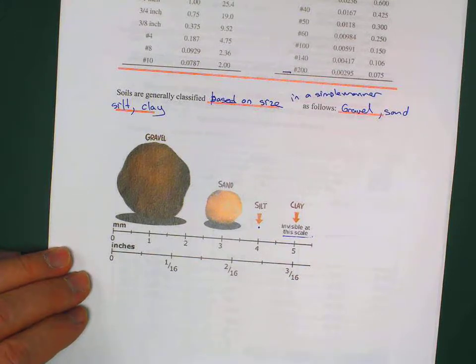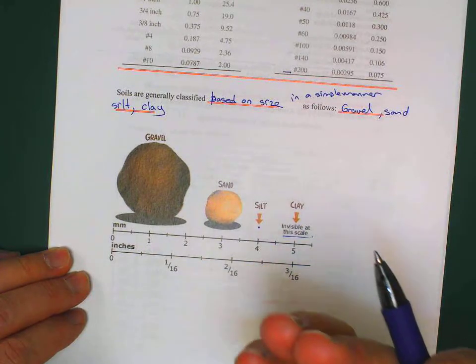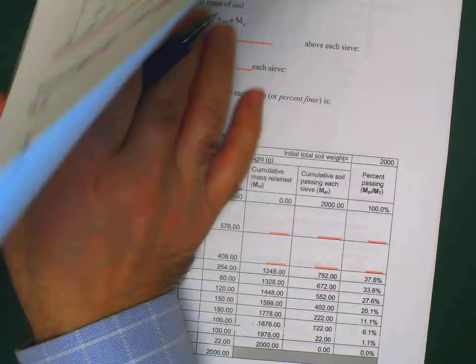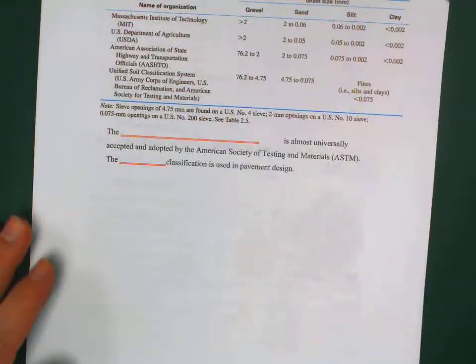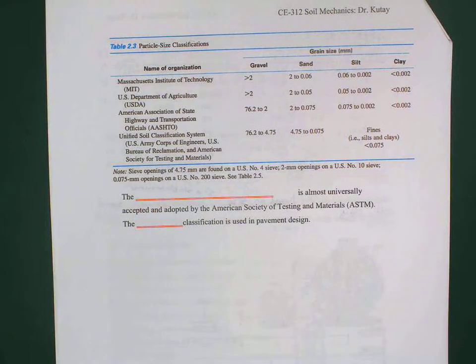That is why when we plot the grain size distribution curve, we plot in log scale. The horizontal axis, sieve size, is in log scale. That's why we do it, because the difference in sizes is so large. That's the reason why we do grain size distribution in log-linear scale. Now, in a very simple sense, soils are classified in different manners.